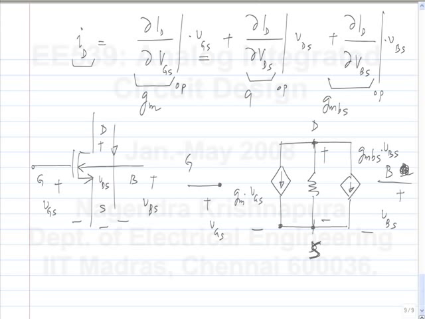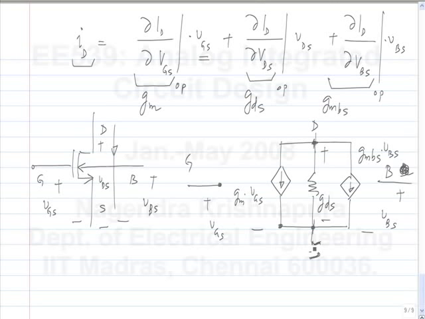And this is known as the drain to source conductance GDS, okay. I can represent it as a control source, but I know that the controlling terminal and the control source are across the same 2 points. So, I represent it as a conductance, okay.